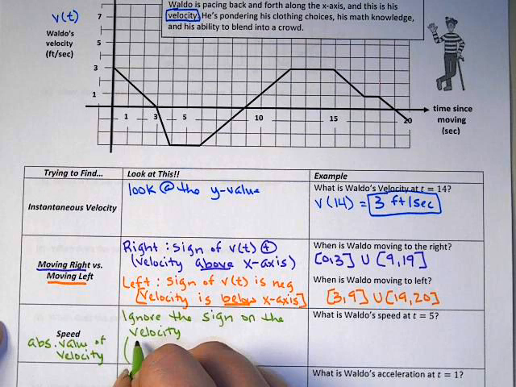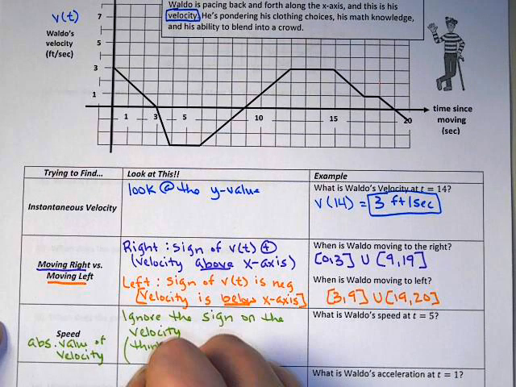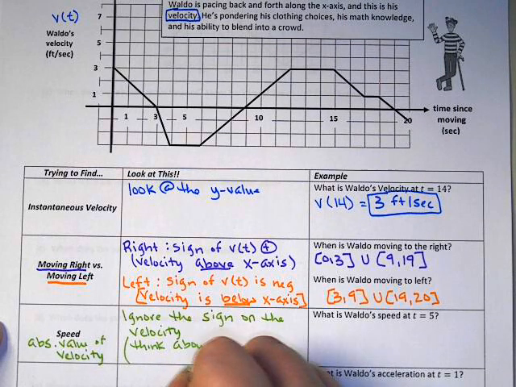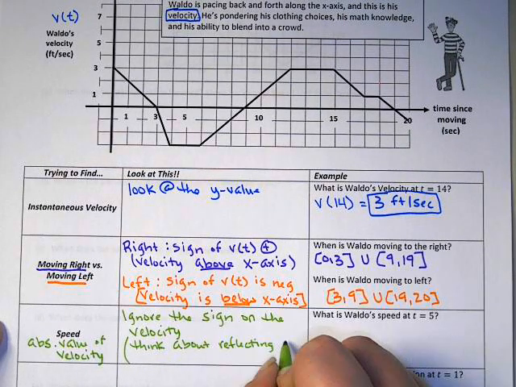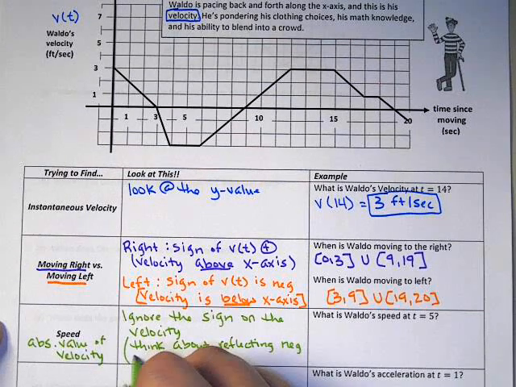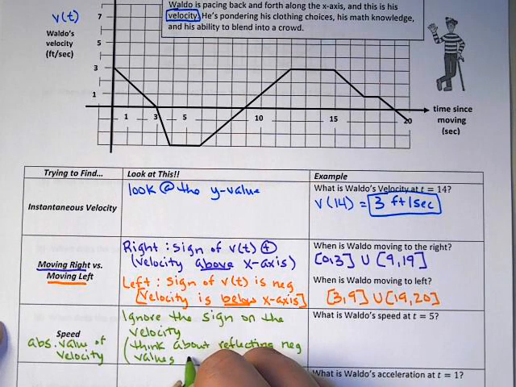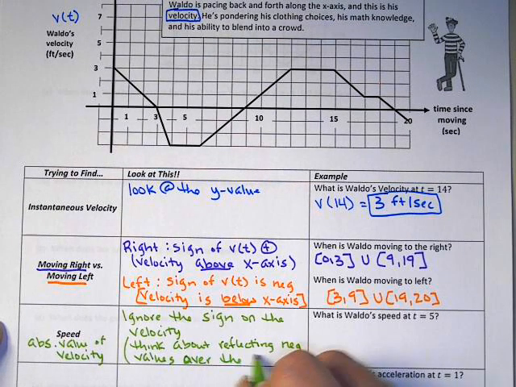You can also kind of think about reflecting any negative values over the x-axis.